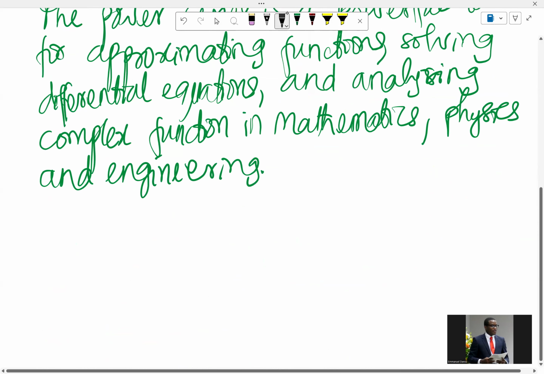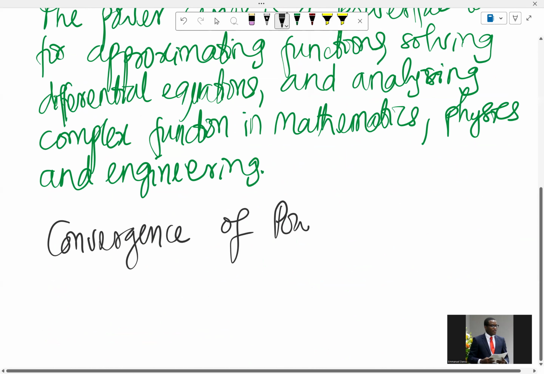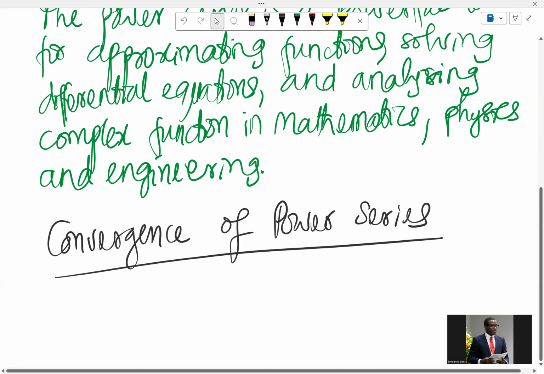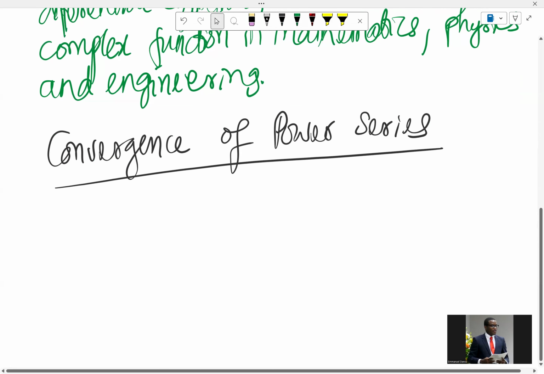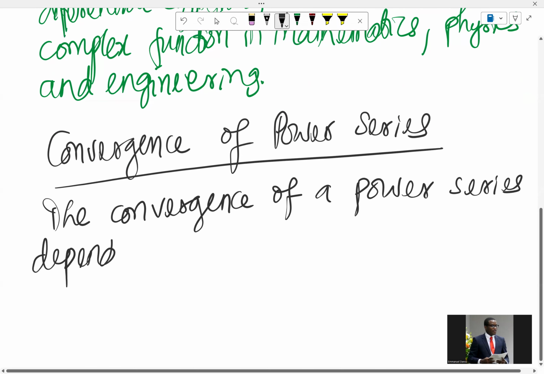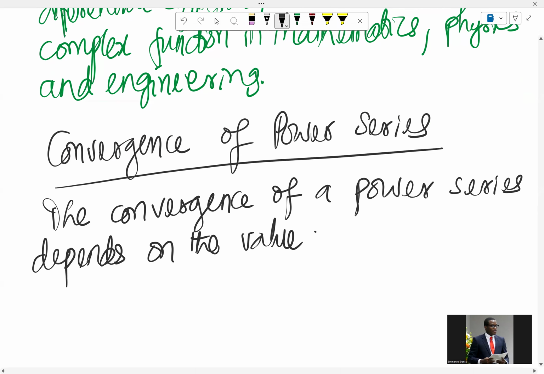Let's talk about convergence. It's a very important concept in power series too. Convergence of power series. The convergence of a power series depends on the value x.